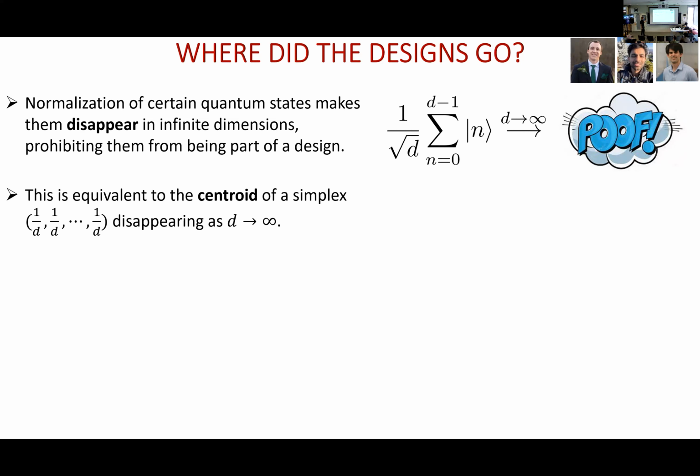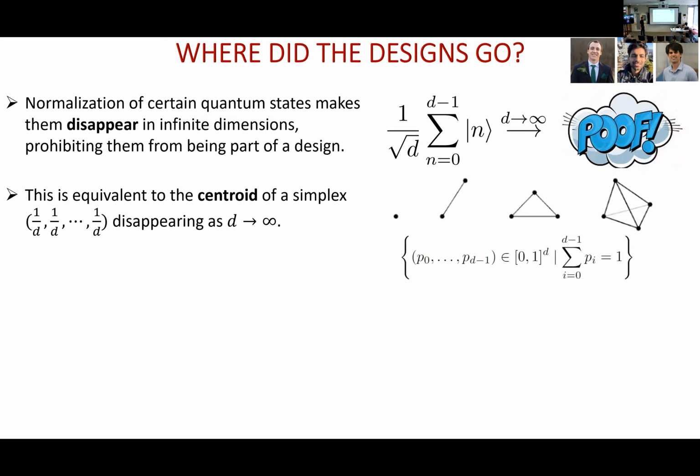But what I want to get across here is that a point at or around the center of the simplex is necessary for you to have a simplex design. Every simplex design has some point close to the center. But these types of points disappear from the simplex when you go to infinite dimensions.